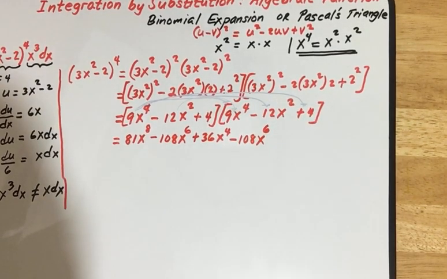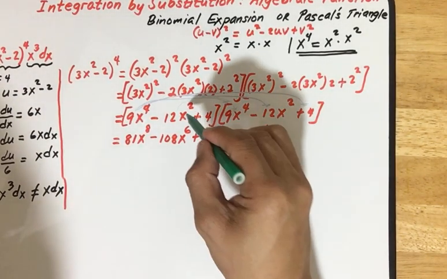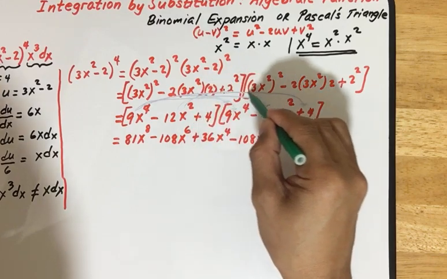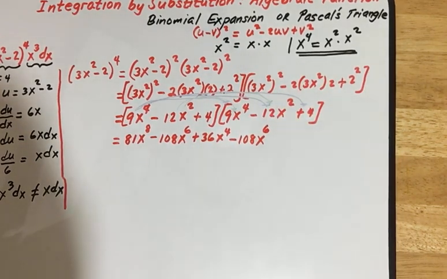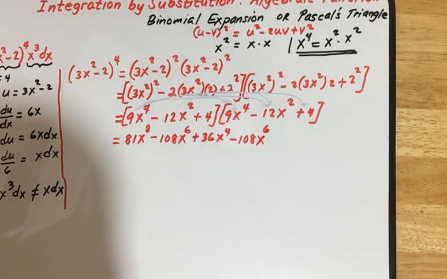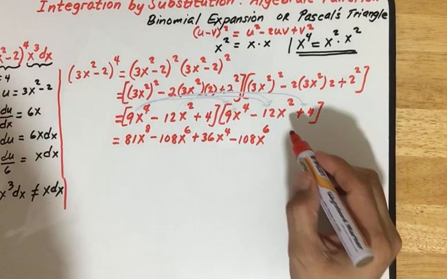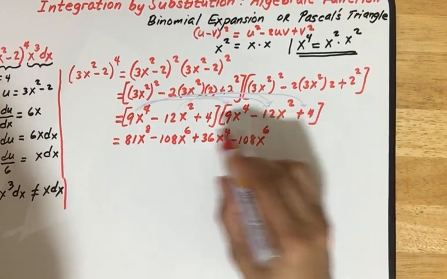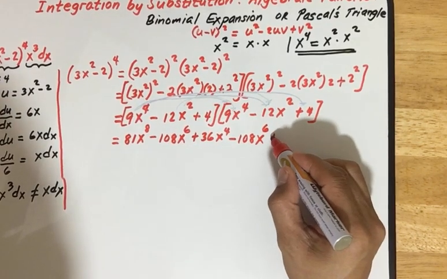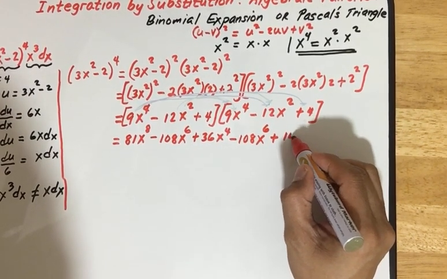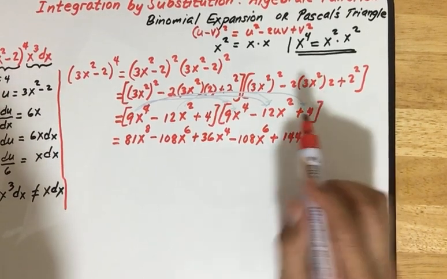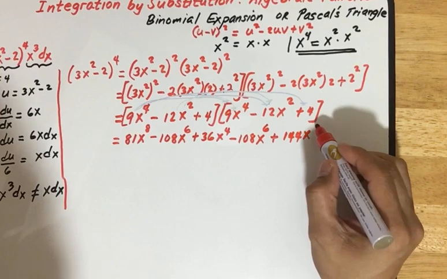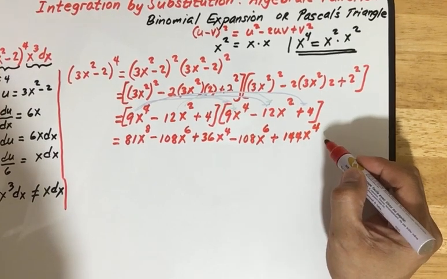Then next is second term to the second term, so 12x squared multiplied by 12x squared, so minus minus, that will be plus. 12 times 12 is 144, then x squared and x squared, so that will be x to the power 4.